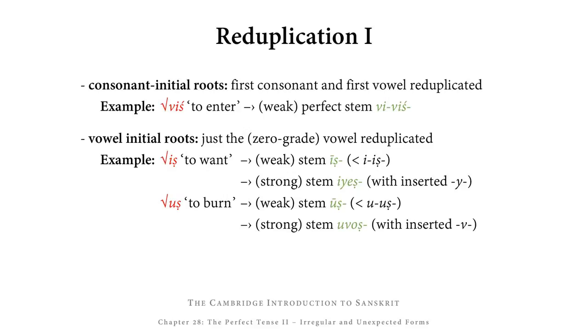So instead of having i-esh, we have i-yesh, which has the result that both reduplicative syllable and root remain nicely recognizable. And in the case of the strong stem of ush, we have not u-osh, but we have u-wosh. So a w has been inserted, which is the semi-vowel counterpart of u. So i-yesh and u-wosh.